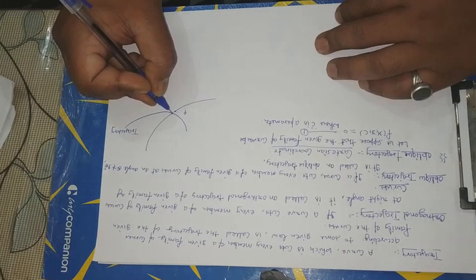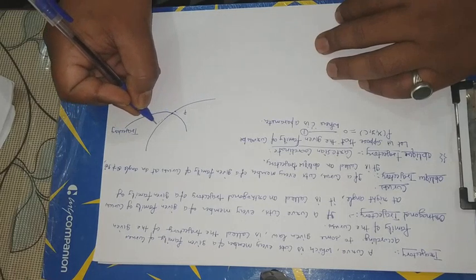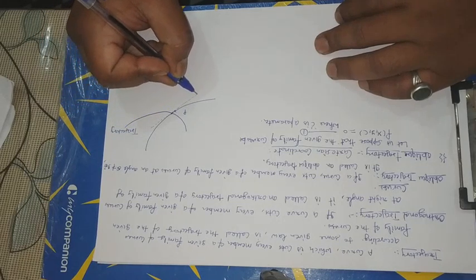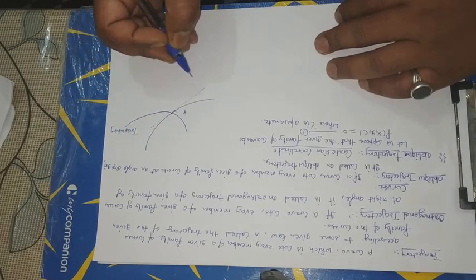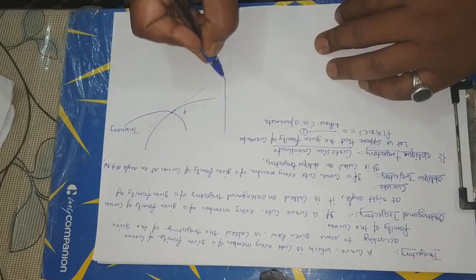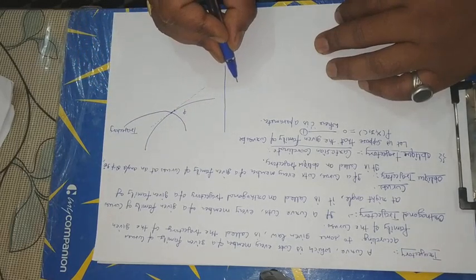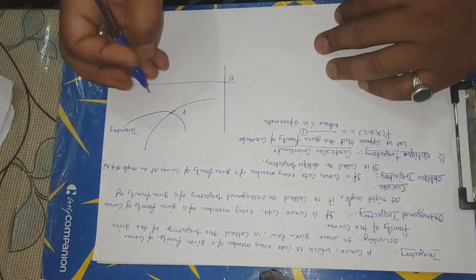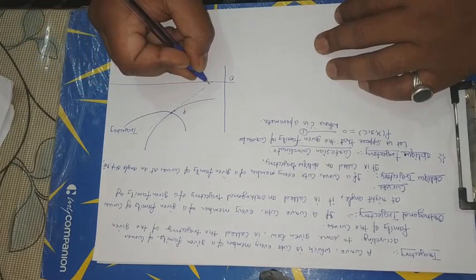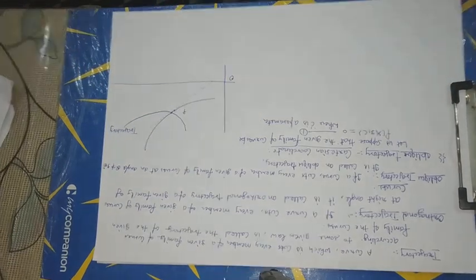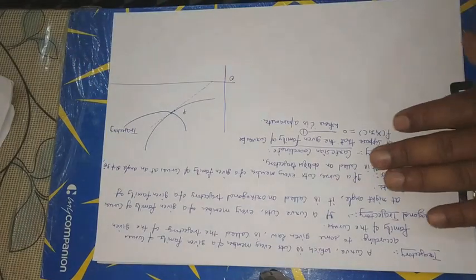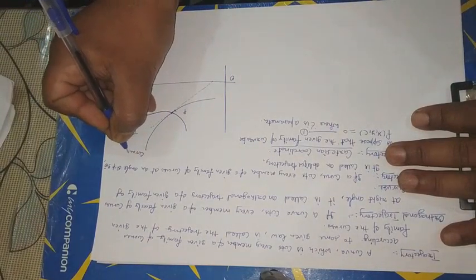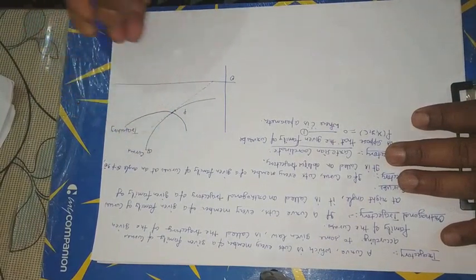We draw a tangent at point P of the given family of curves, PT.